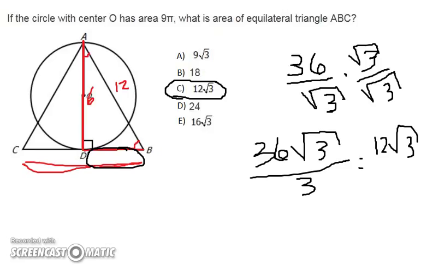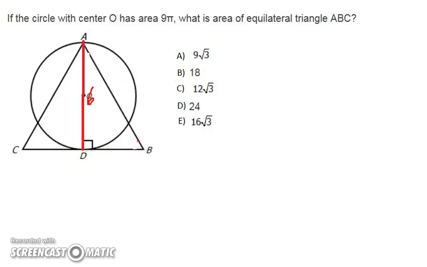Alright, so that still might seem pretty complicated. So I'm going to take you back for just a second to this point right here when all we knew was this was 6.